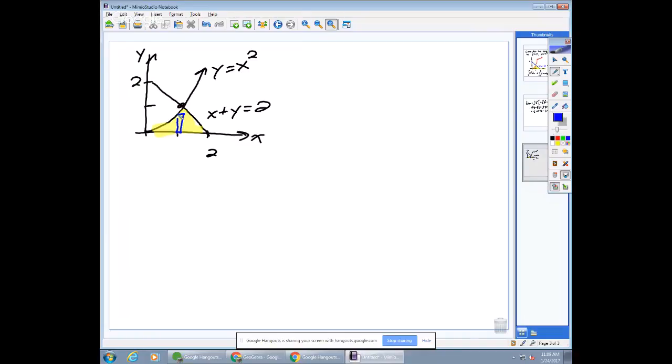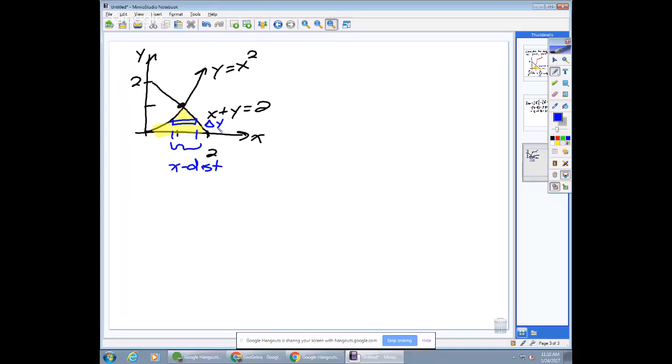However, there's no reason that we can't make the rectangles horizontal instead. If we do that, then our height would be some x distance, and our width would be a delta y instead. So it turns out we can integrate with respect to y instead.